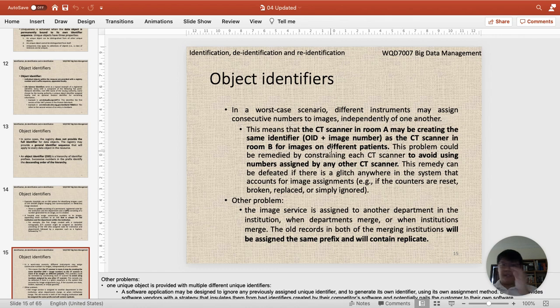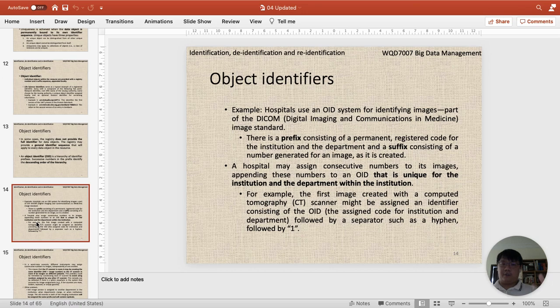At the beginning, it's just trying to tell you a process of how you are able to build a so-called OID system, object identifier, for identifying the images that are scanned using a scanner.